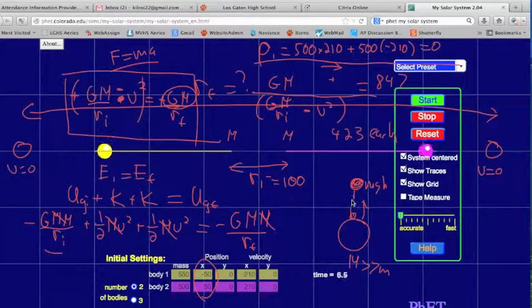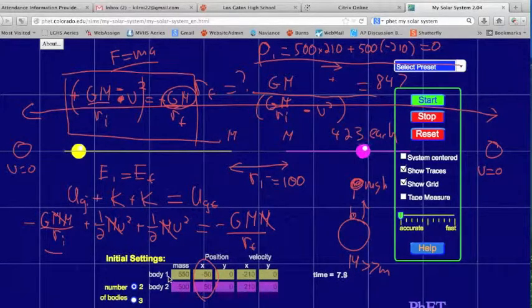But watch what's going to happen when they hit. Oh, nothing, because I forgot to change this. This program follows the motion with a camera. It follows the center of mass. And so I had to uncheck system centered, which is a mistake my students always make. So now I feel bad.